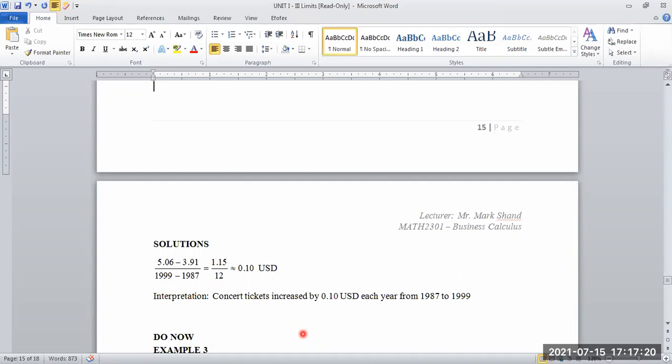Final example, and I got the shock of my life today. I almost choked on my own saliva when I heard that the US dollar has gone to $155 to one.